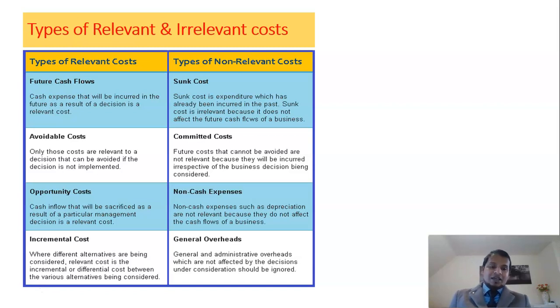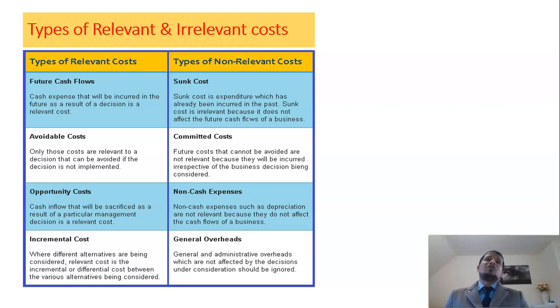But if we buy the product from a supplier, we don't need raw material. So the raw material cost can be avoided by purchasing from the supplier. So the raw material cost and labor cost would be avoidable costs, and avoidable costs would be relevant costs in the make or buy decision.